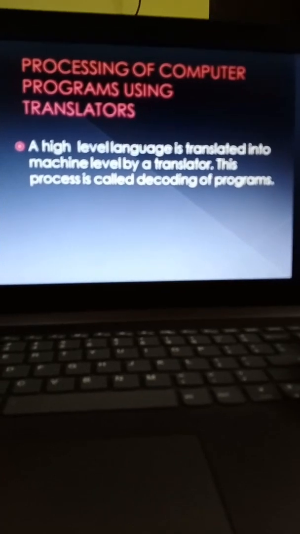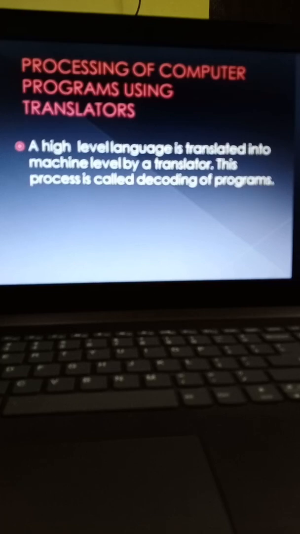Now, I tell you about the processing of computer programming using a translator. High-level languages are designed taking into mind the ease for programmers. These languages are not understood by the computer because it only understands zeros and ones.